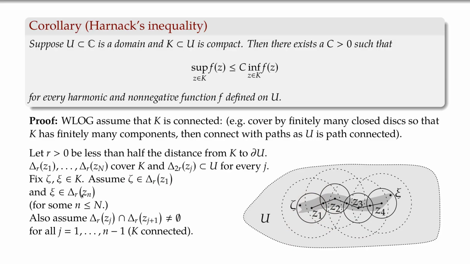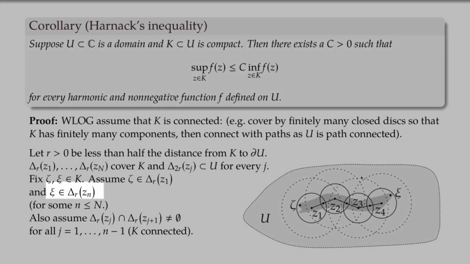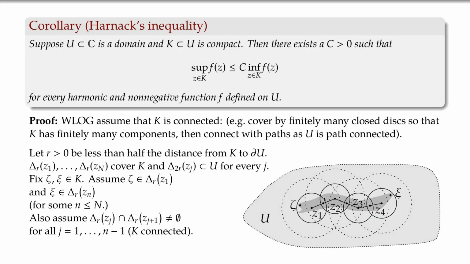And xi is going to be in the last disk. In this case, there's a fourth, so that's where xi is. And then we have a path of finitely many disks that overlap. So we have z2, z3, z4. Maybe there's other disks, but we don't really care about those. There's at most capital N of these, right? That's going to be key.